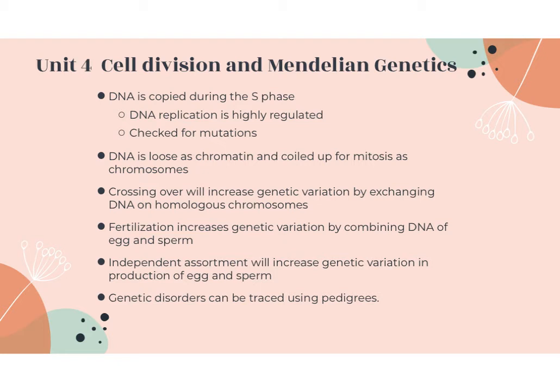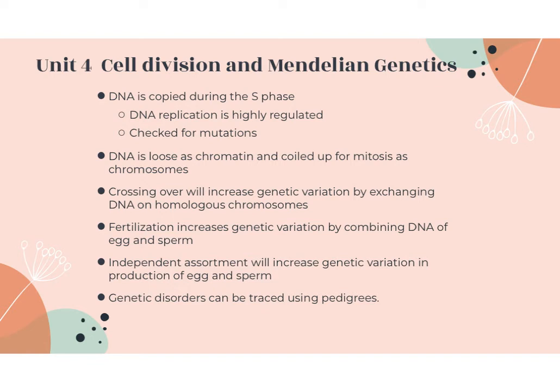The third way that we increase genetic variation is through independent assortment, which is where the chromosomes line up in the middle randomly, which is going to alter what new gametes are being formed and what combination is in each of those new gametes.